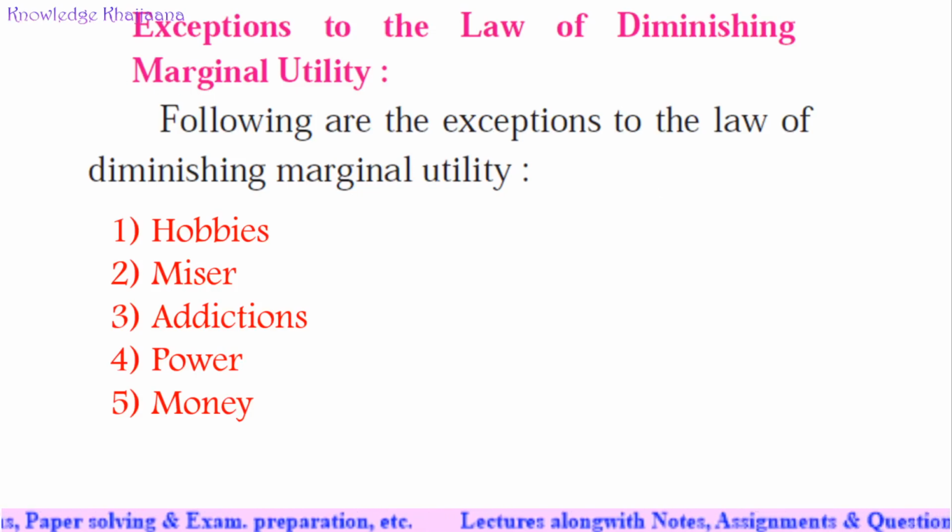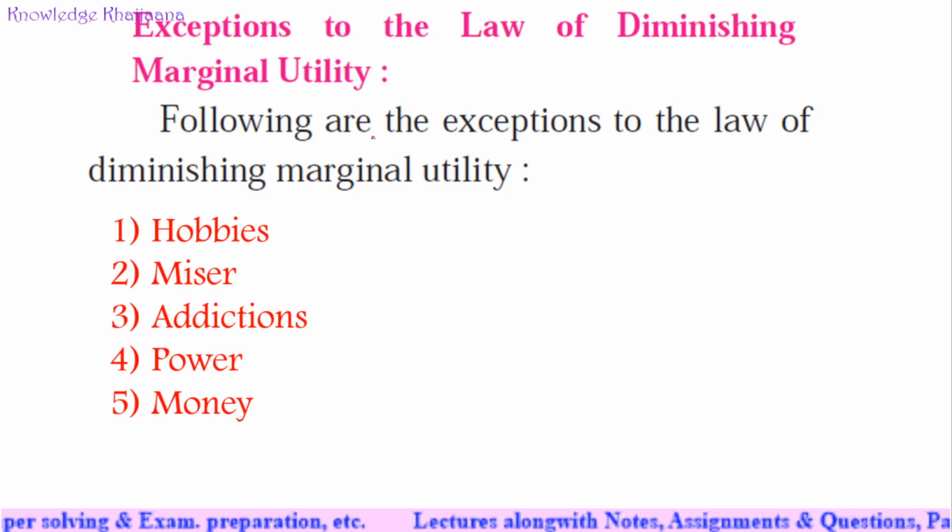Today we are going to see exceptions to the law of diminishing marginal utility. What is meant by exception, first of all? See, the law of diminishing marginal utility is based on some assumptions. But assumptions are not always proved true in the real sense. They can also prove the law to be false. There can be some flaws or loopholes in the laws.